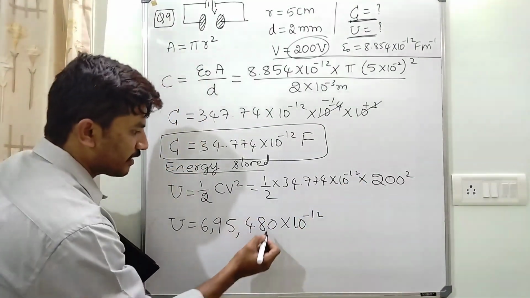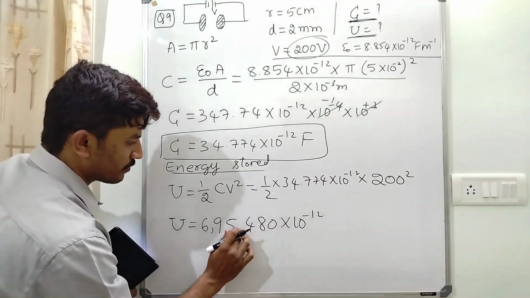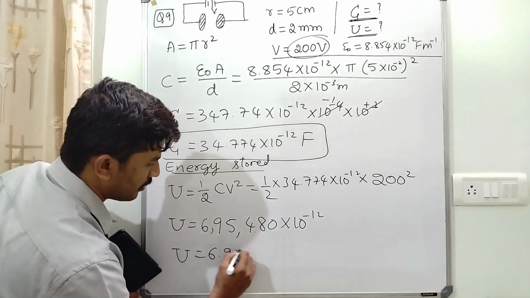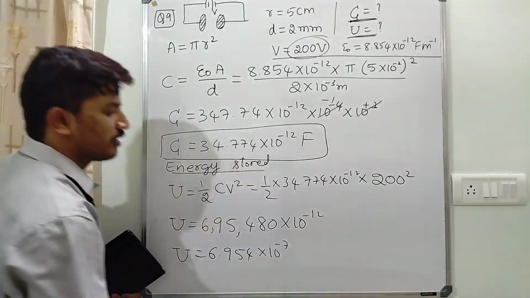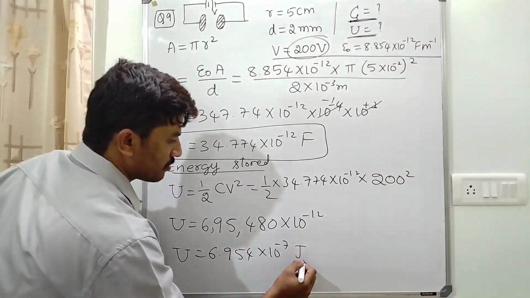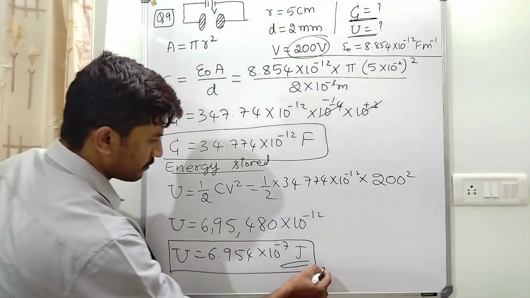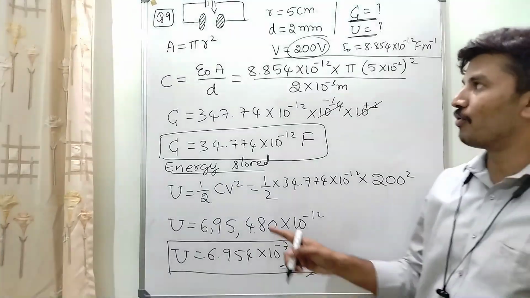If we solve this, we get 1, 2, 3, 4, 5. So U is equal to 6.954 into 10 to the power 5 means minus 7 joules. Isn't it? It is in joules. Okay. So this is the answer for the question here.